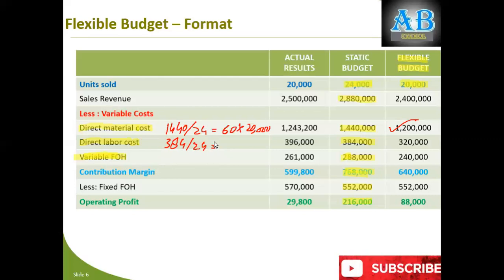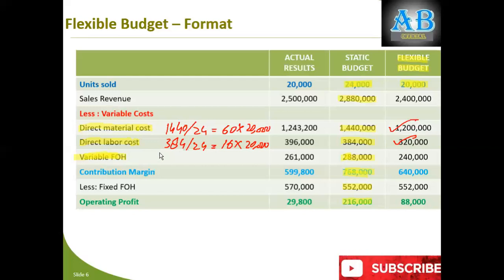So 384 divided by 24 equals 16. So 16 times the activity level 20,000 equals 320,000.